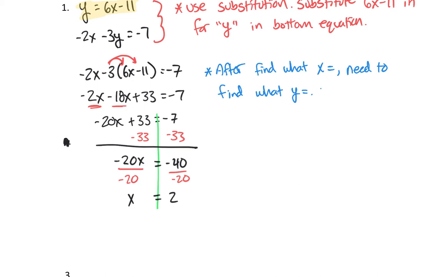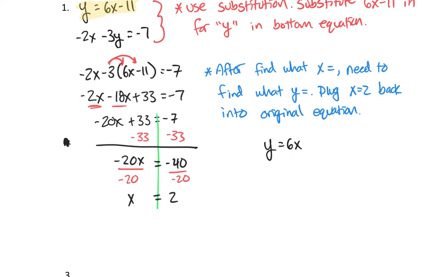In order to do that, we are going to plug x equals 2 back into the original equation. And the question is, well, which one? I'm going to choose the top equation to plug it back into, and the reason is that y is already solved for. I know that y is equal to 6x minus 11, and we just found that x equals 2.